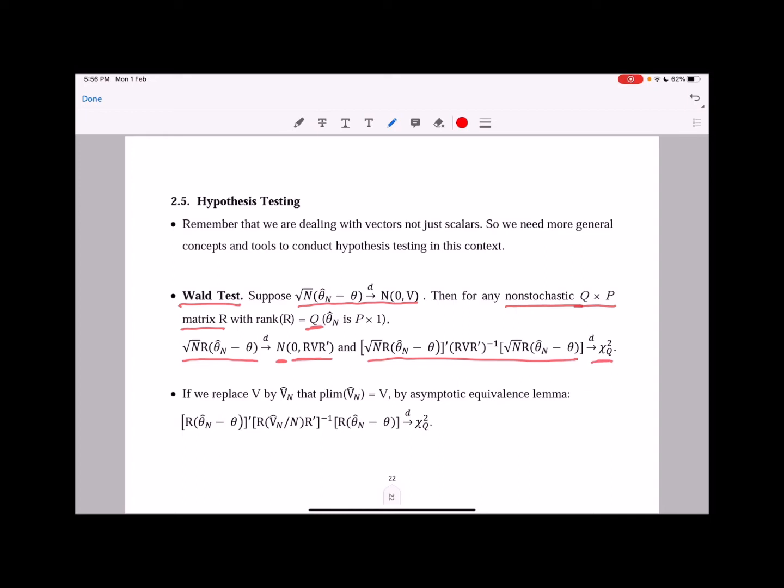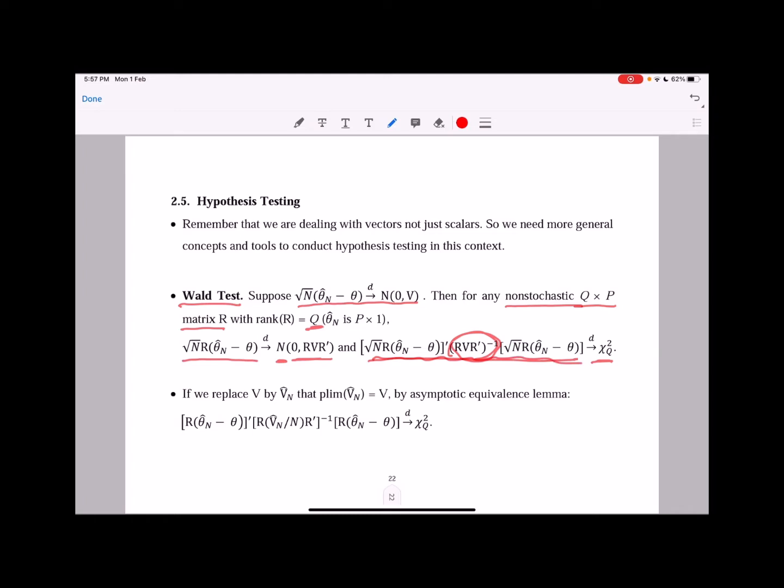Remember, a chi-square distribution is just the square of a standard normal distribution. Essentially, this is what we do here. The middle term standardizes the normal distribution first, and then we take the square, so it becomes a chi-square distribution. This is pretty straightforward.